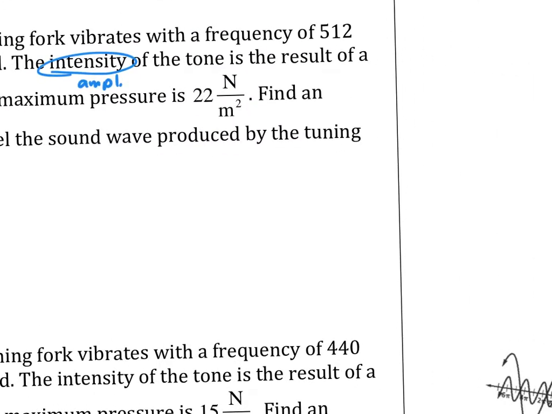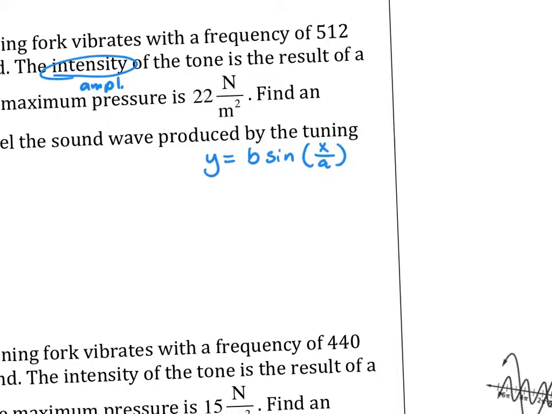So one thing that's a given is that this will be a sine function, and it's going to be in this form. Again, B is my amplitude and A is my period.